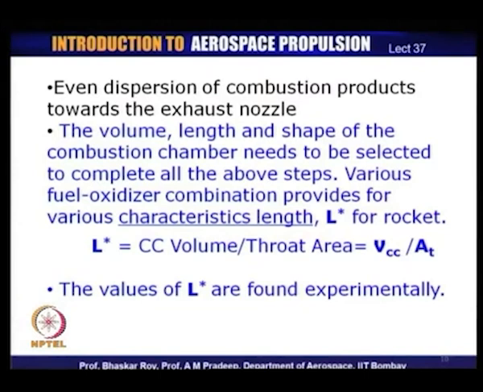Once they are characterized, the value of L star for a particular fuel and oxidizer may be selected for a particular kind of rocket, from which we can then go on to find out what the combustion chamber volume could possibly be, or what the throat area could possibly be for movement of the combustion products. So, these are characteristic parameters that need to be arrived at somewhat early on in the rocket design.